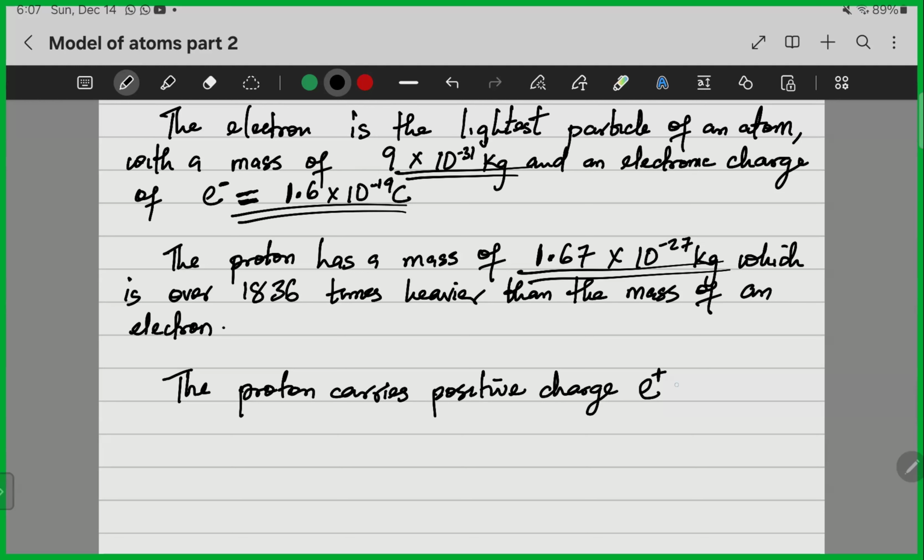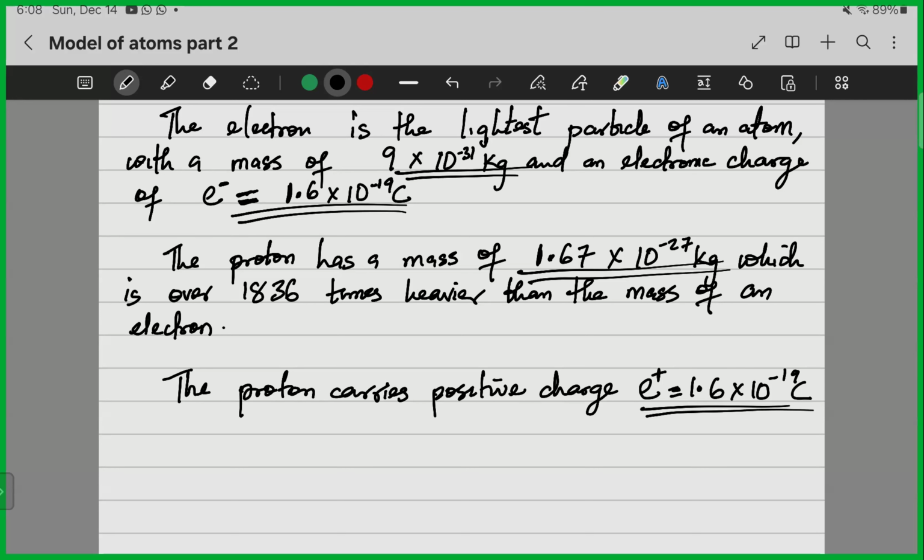It carries a positive charge of 1.6, so in terms of magnitude, the electron's charge and the proton's charge are equal. The difference is just the sign: one is positive, one is negative, but the magnitude of the charges, for both electron and proton, is 1.6 times 10 raised to the power minus 19. So take note of that.